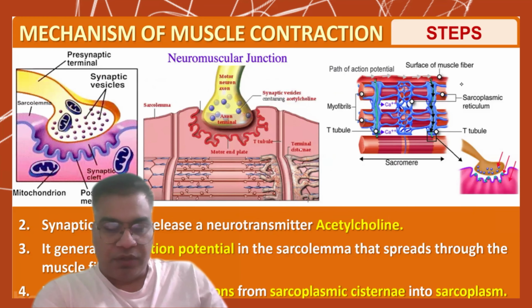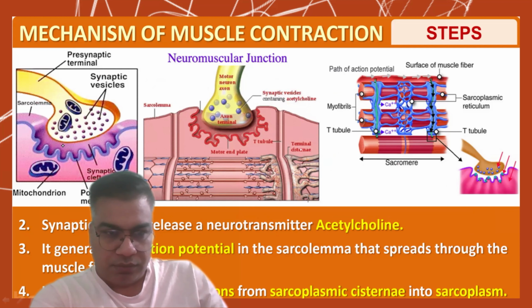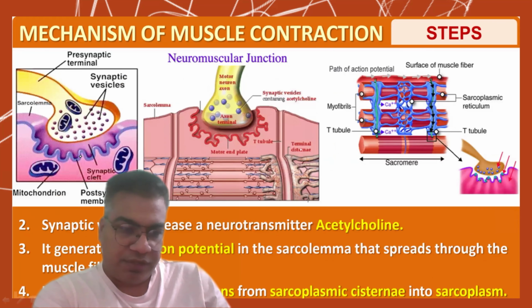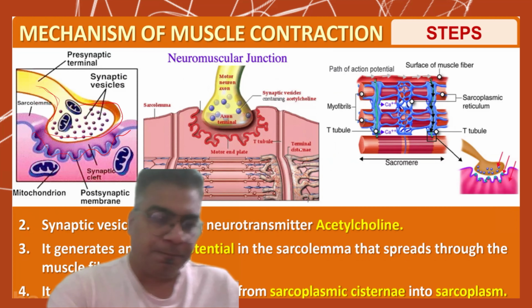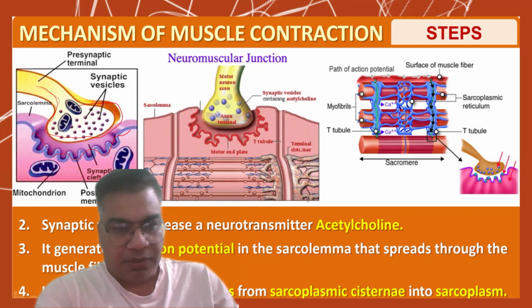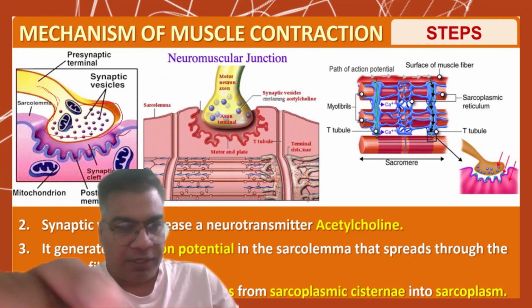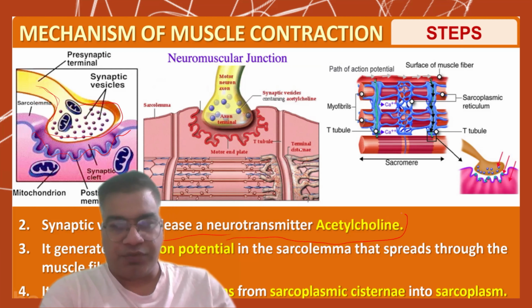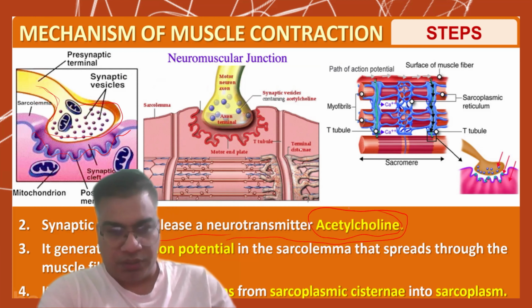So whenever a nerve impulse travels from nerve cells to the sarcolemma of muscle cells, there are synaptic vesicles at the terminal end. Synaptic vesicles basically release neurotransmitters. We call it acetylcholine.